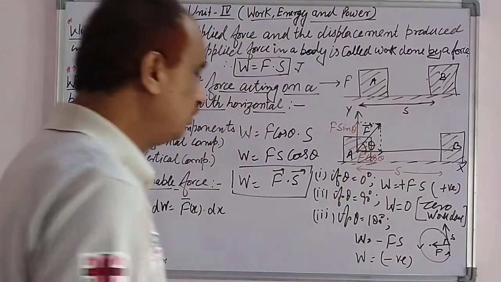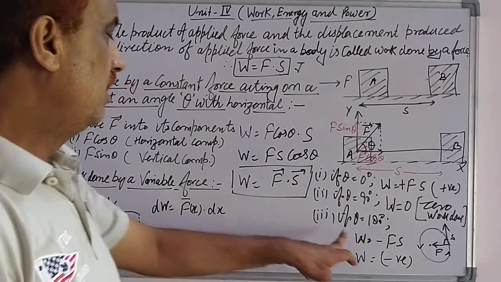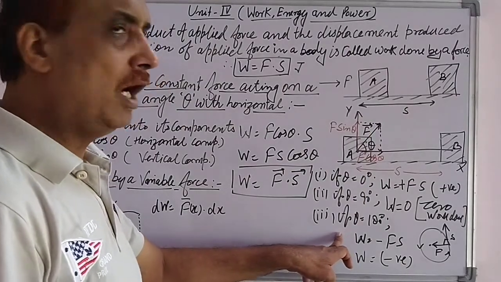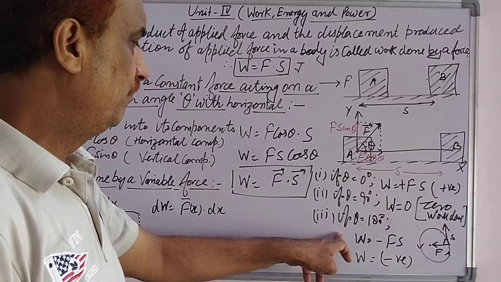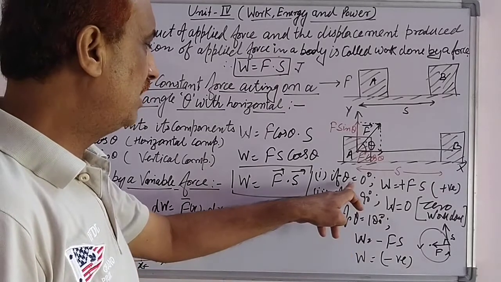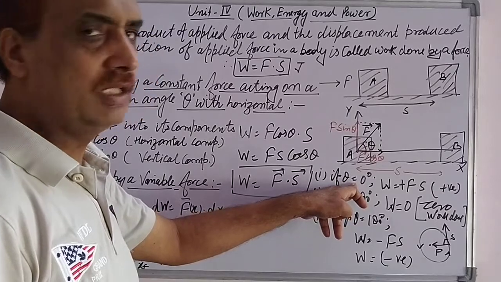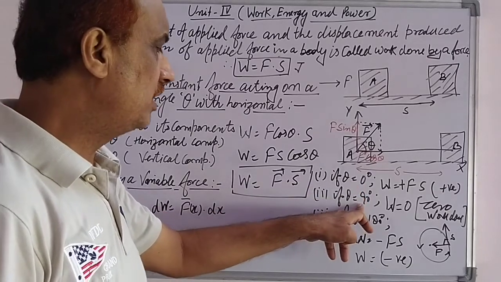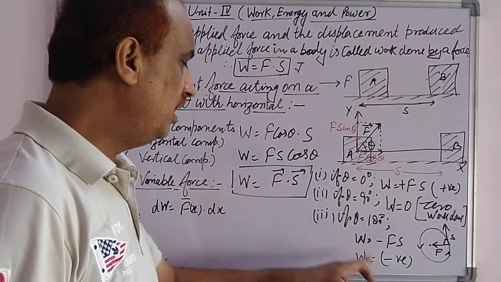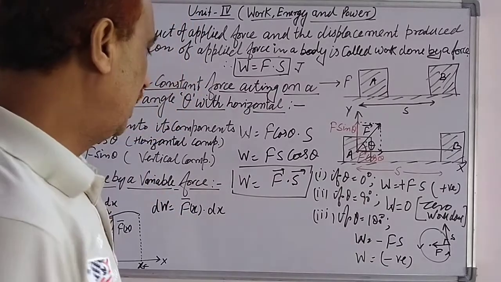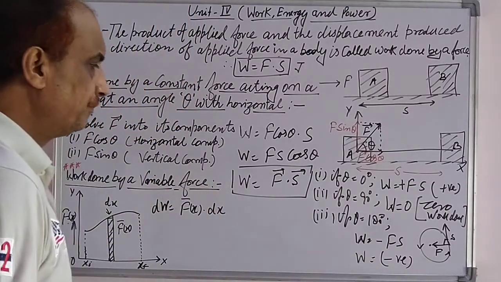So W will be negative work done when the force is acting opposite to the displacement. If the force is acting at 0 degrees, it produces the maximum work done. In that situation, work done is not 0. But when it is 180 degrees, work done will be negative. So this is the situation.